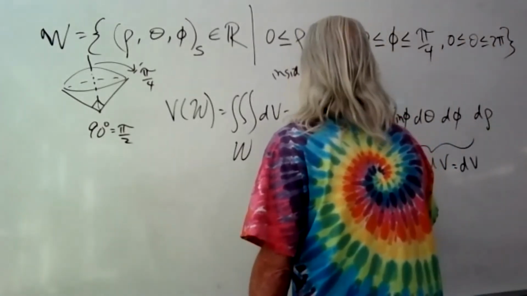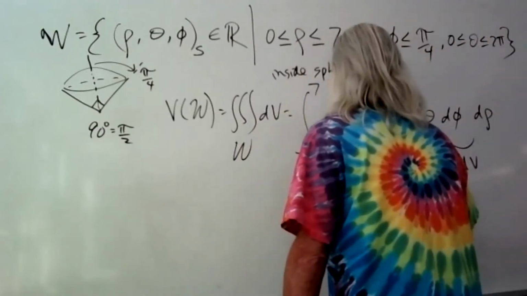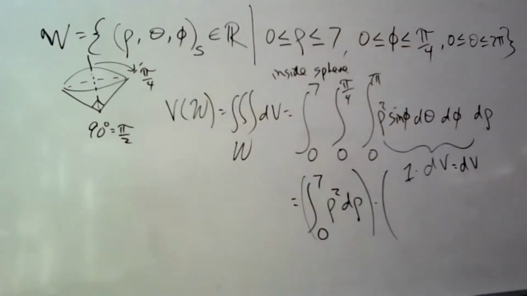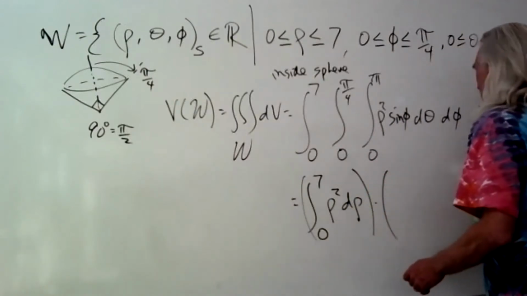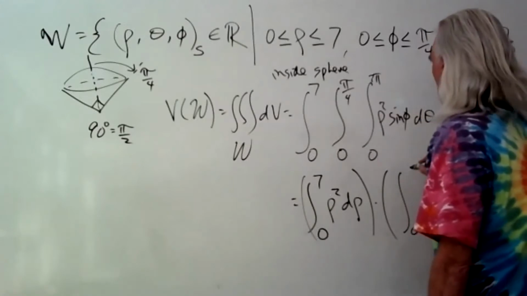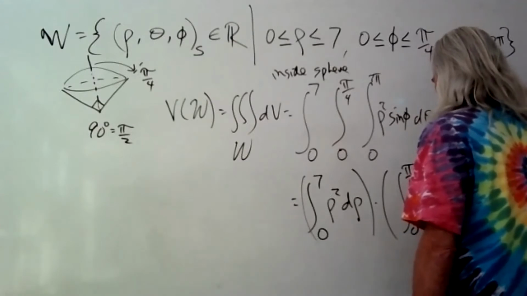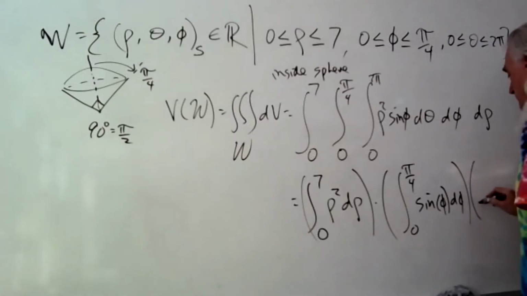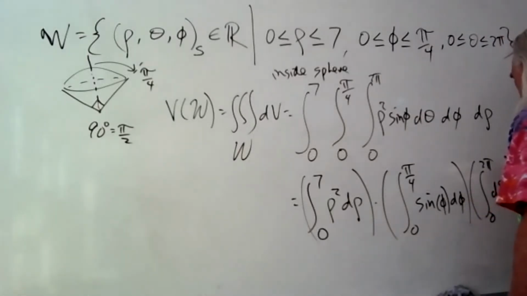We go from 0 to 7, that's the rho integral, rho squared d rho, multiplied by the integral from 0 to pi over 4 of sine phi d phi, times the integral from 0 to 2 pi of d theta.